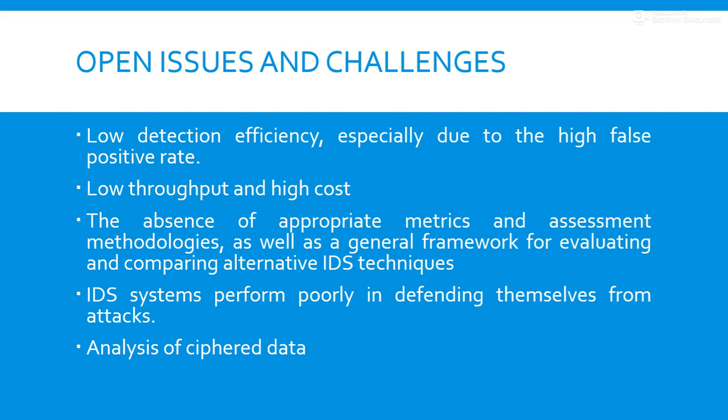And the last issue is the analysis of encrypted data, because if data is already encrypted, the IDS system may not be able to analyze it properly. So the solution that can be proposed for this problem is to place your IDS system at the point where data is available in plain text format. Like after decryption, your IDS system should be able to analyze this data.